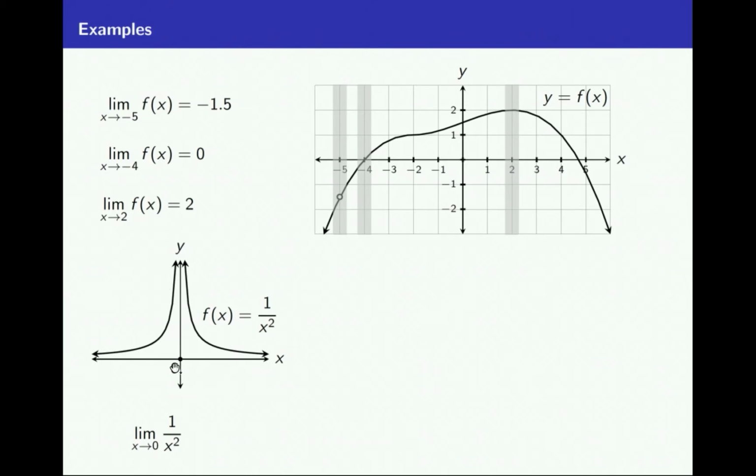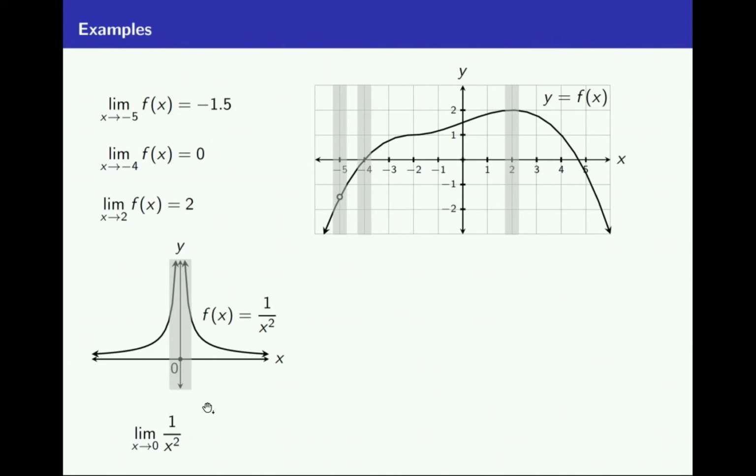In fact, if you take a narrow strip around 0 and look at the graph, I don't care how narrow that strip is, you're going to get parts of the graph inside this gray rectangle that just keep going up and up without bound.